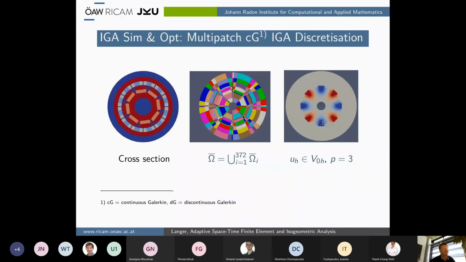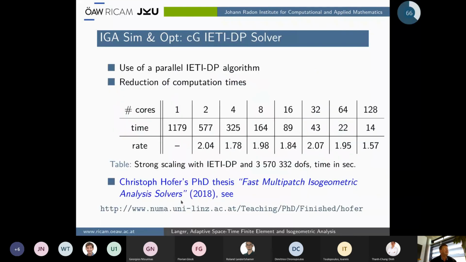So this is the solution without coils, so only permanent magnets, for splines that are based on polynomials of degree 3. This is for continuous Galerkin. So I have CG and DG, continuous and discontinuous Galerkin. So this is a fast method for solving the corresponding problems.